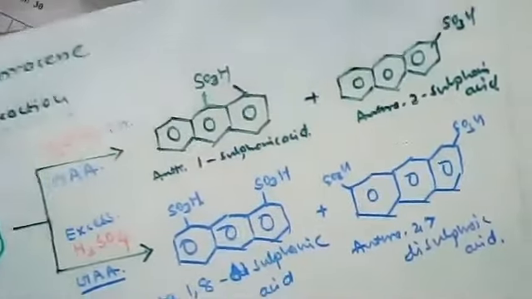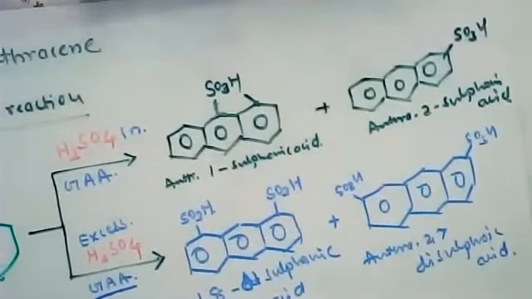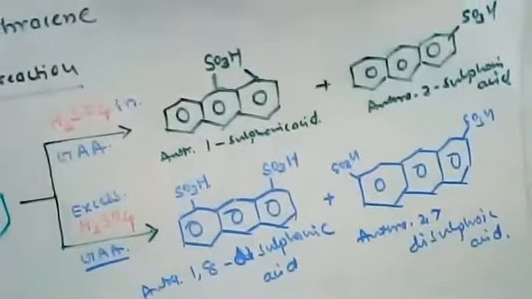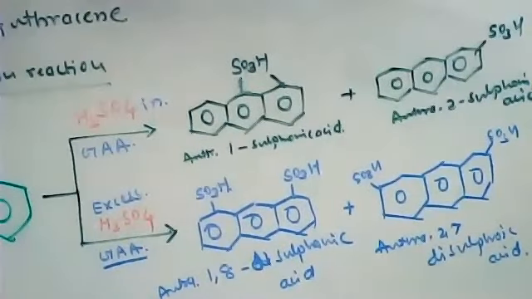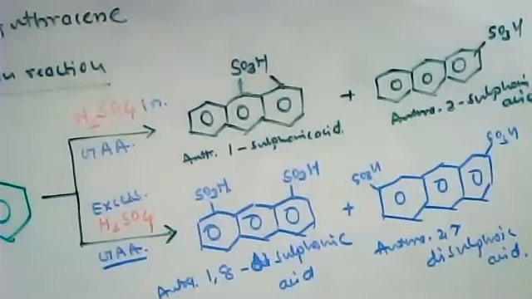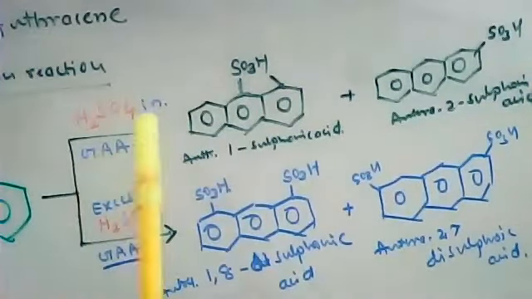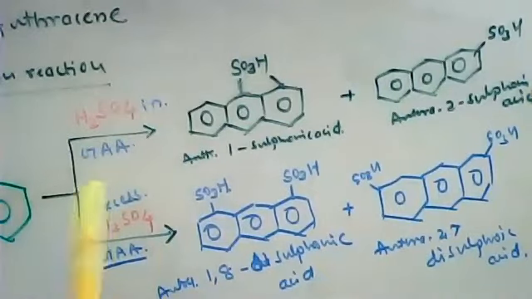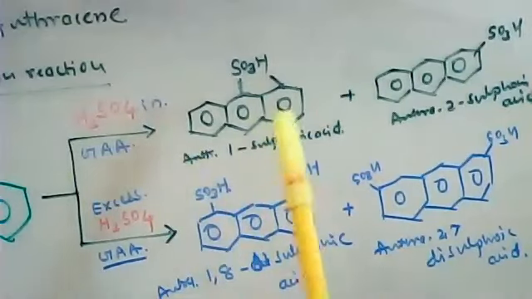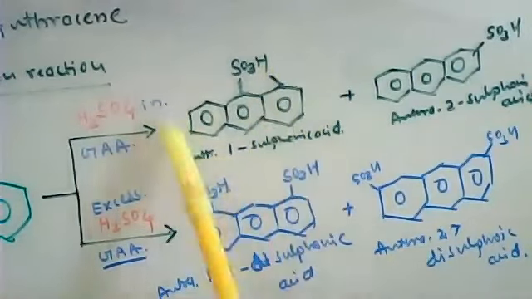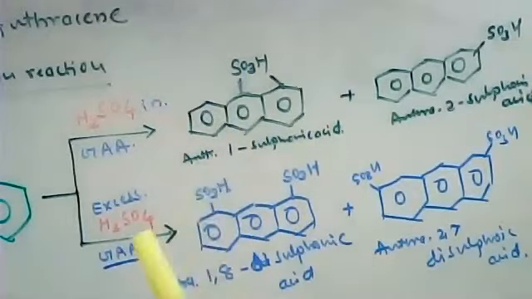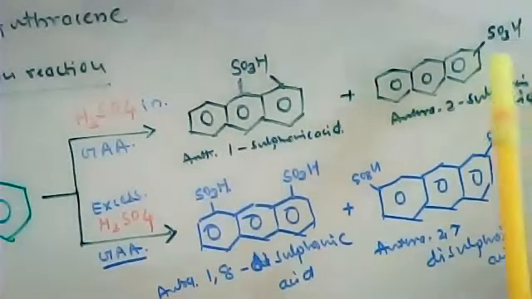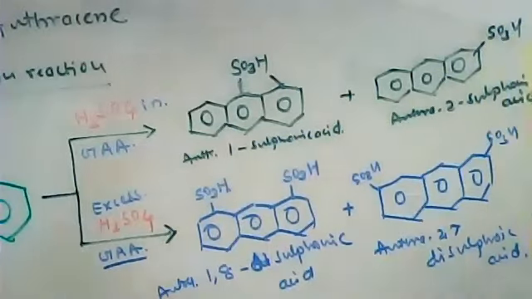Here is the small difference between these two reactions. Again, we will see it illustratively. First, anthracene undergoes the sulfonation reaction with sulfuric acid in glacial acetic acid. It produces a mono-substituted product, mono meaning a single substituent. That is a mixture: one product is anthracene 1 sulfonic acid, and another is substitution at the second position, anthracene 2 sulfonic acid.